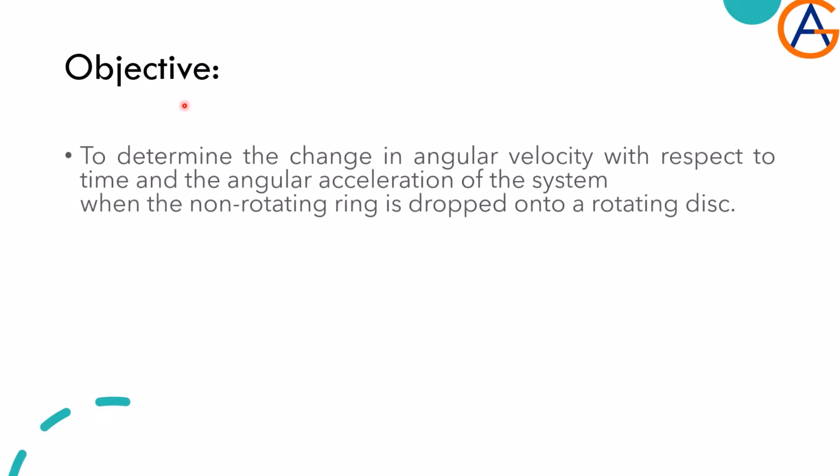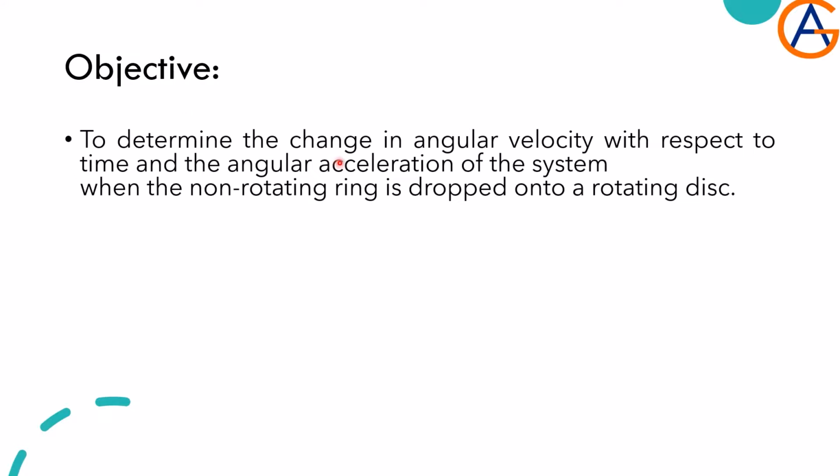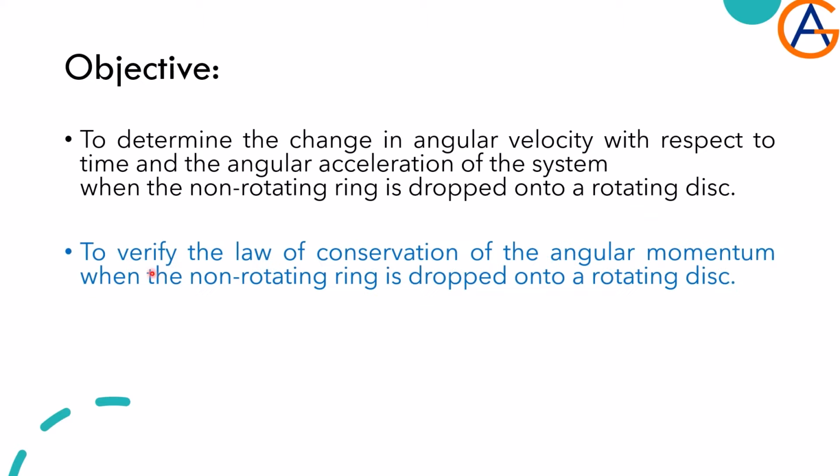This experiment consists of three objectives. The first objective is to determine the change in the angular velocity with respect to time and the angular acceleration of the system when the non-rotating ring is dropped onto a rotating disk. The second objective, which is very useful for us, is to verify the law of conservation of angular momentum when the non-rotating ring is dropped onto a rotating disk.